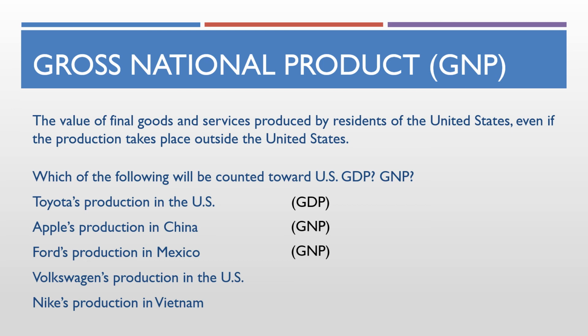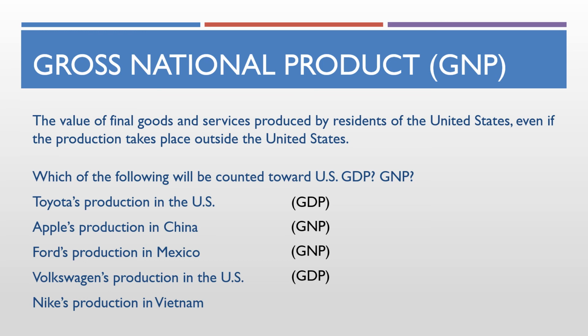Volkswagen production taking place in the US. Well, Volkswagen is not a US company. Volkswagen is a German-owned company, and therefore it doesn't count towards GNP at all. However, because the production is taking place in the US, it counts towards GDP calculations.